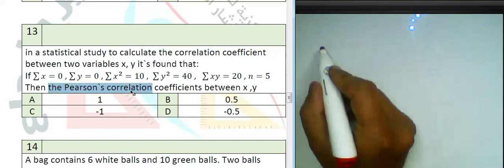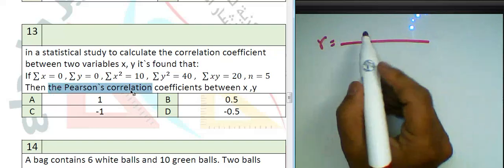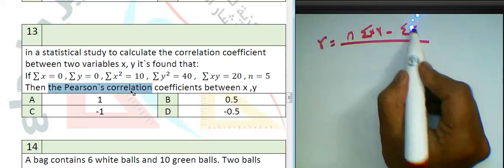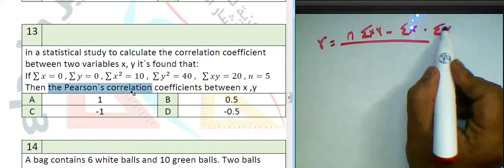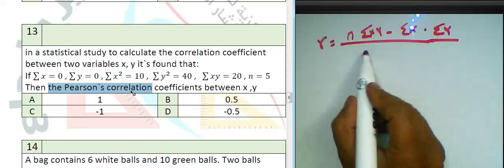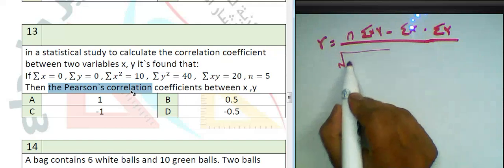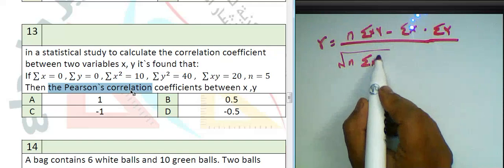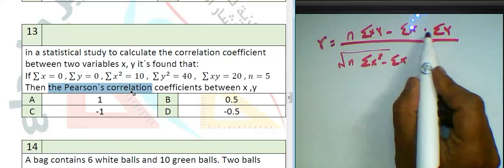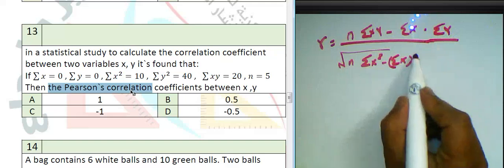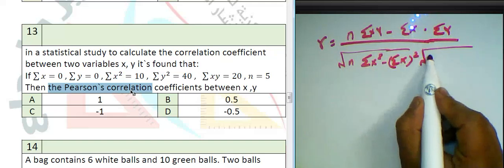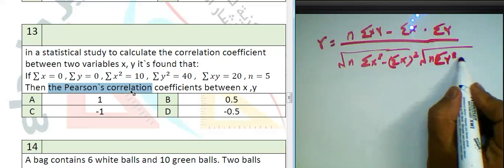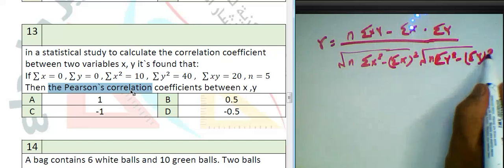Okay, recall the rule. The correlation equals n times summation x times y, subtract summation x multiplied by summation y, over the square root of n summation x power 2 subtract summation x all power 2, multiplied by n summation y power 2 subtract summation y all power 2.